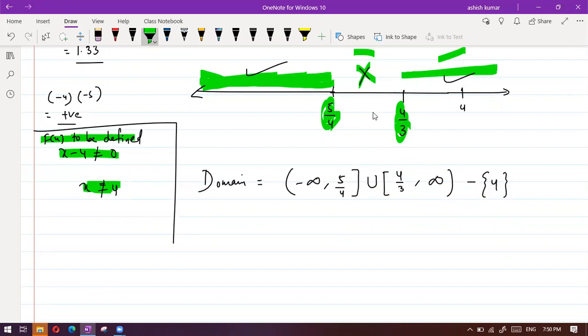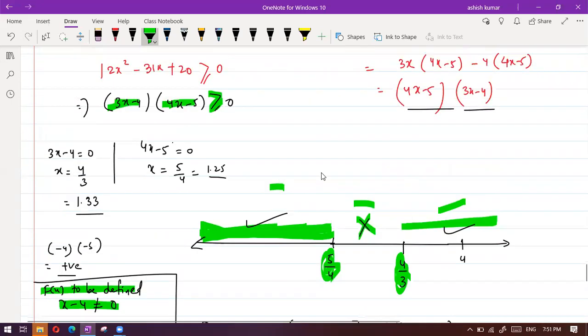If this 4 would not have been in the domain, we would not have required to remove this part. But this 4 is actually there in the domain part. It is included in the domain part. So we have to remove especially this 4. Understood? Yes, sir.